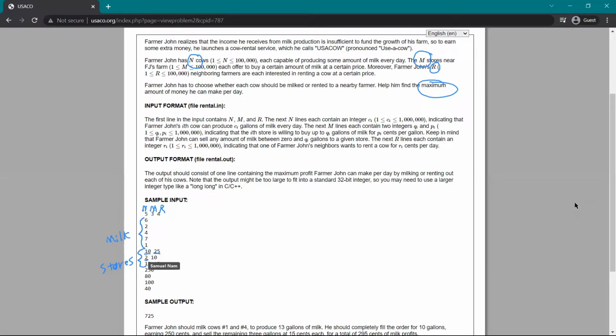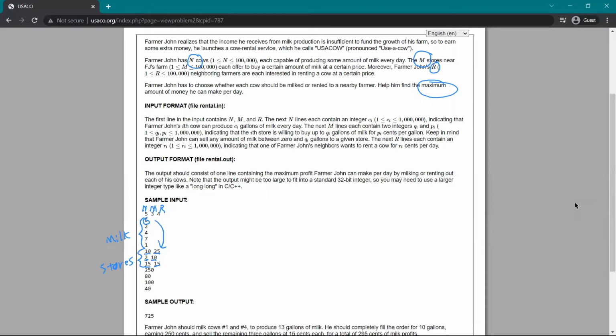Here you can see that the next store wants to buy 2 gallons at the price of 10 cents. And the next store wants to buy 15 gallons at a price of 15 cents. So in this case, we'll probably sell our 6 gallons to the highest paying store, which is the 25-cent store. And we will sell this next most amount.